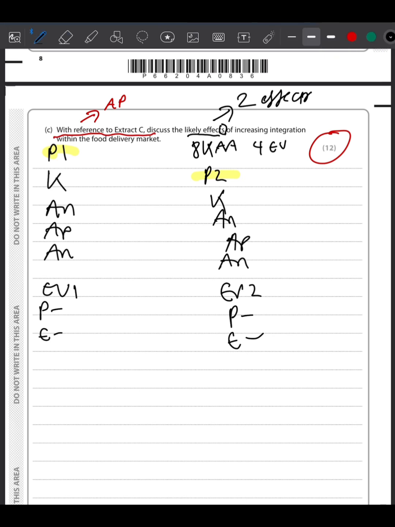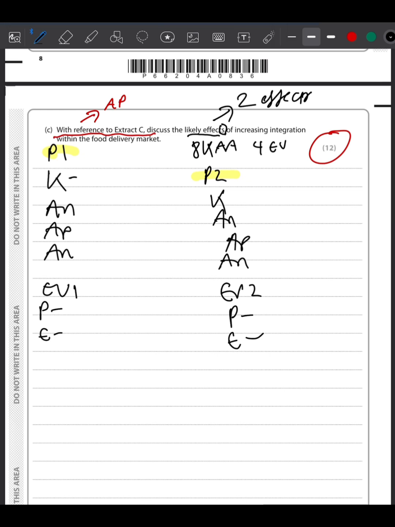Well, first of all, for the knowledge mark, let's think of it within the real world in the food delivery market. Let's just say Uber and Deliveroo, for example, join up together. What does this mean in a practical sense?